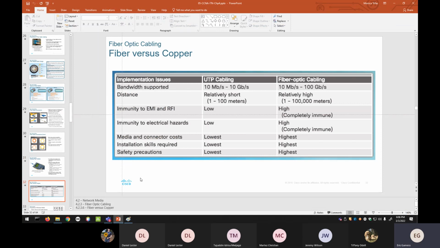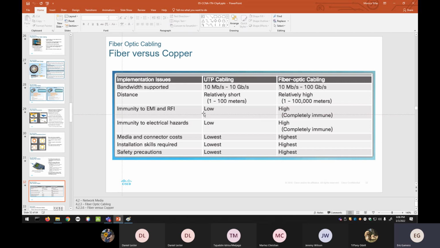Okay, so as I was telling you, here there is a comparison between the UTP cable and the fiber optic. In the fiber optic, we have much higher bandwidth, we have longer distance. Fiber optic is totally immune to electromagnetic interference and radio frequency interference.